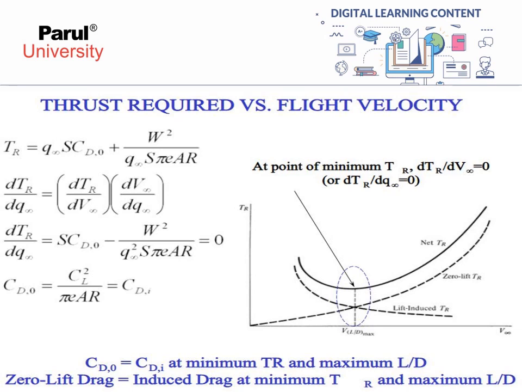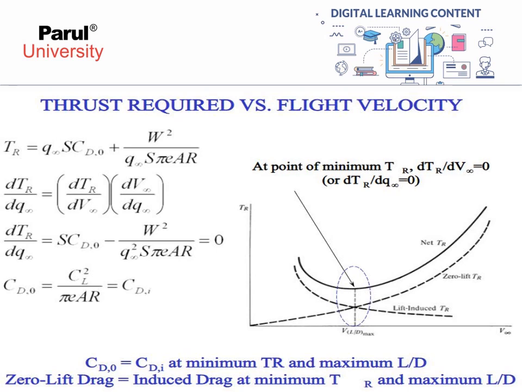Differentiating with respect to dynamic pressure, we get S CD naught minus W squared divided by Q infinity squared S pi e AR is equal to 0, and we put it equal to 0. Why? Because at the point of minimum thrust required, dTR by dV infinity is equal to 0. We differentiate with respect to velocity and put it equal to 0, and then we get the minimum thrust required, or dTR divided by dQ is equal to 0.